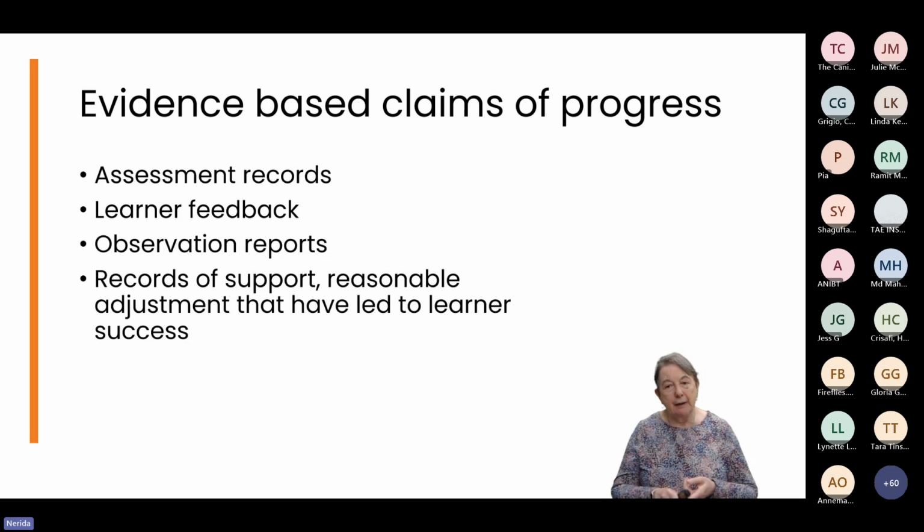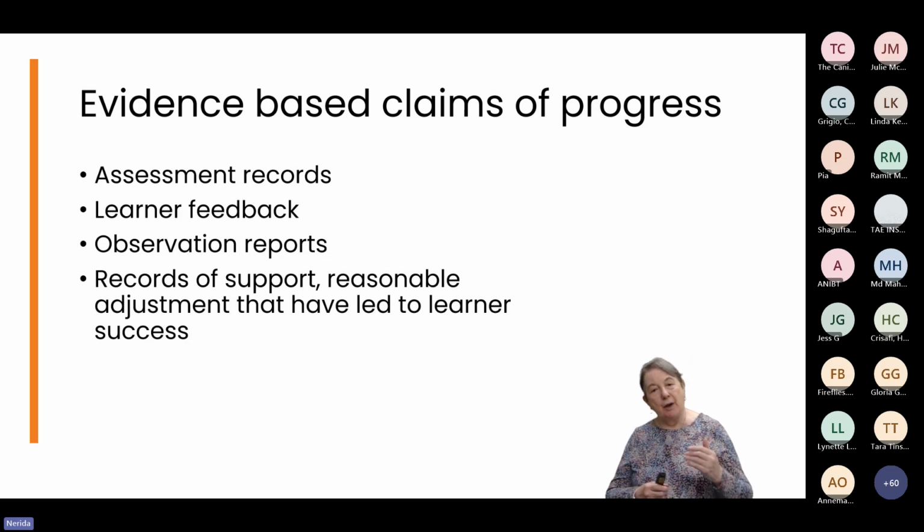Our assessment records shouldn't just have the final mark, but they should include trainer comments that show how the learner has improved. We want to get that learner feedback that tells us that they're feeling more capable, more independent, or just more ready to take on the real world.